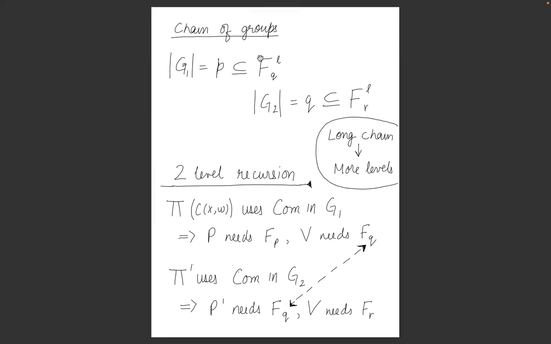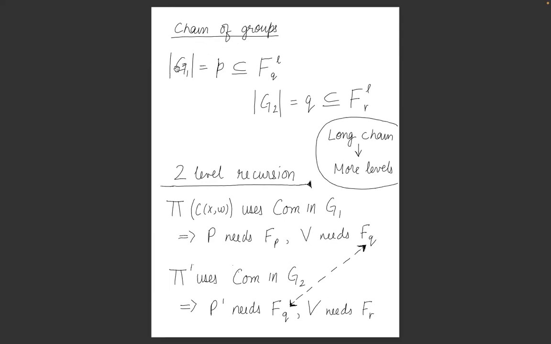So again, the original problem started with the fact that we cannot have a group of order p defined over a finite field which has p elements, because the discrete log problem is easy and we cannot use that for commitments. One of the viable solutions is that we use chaining of groups.